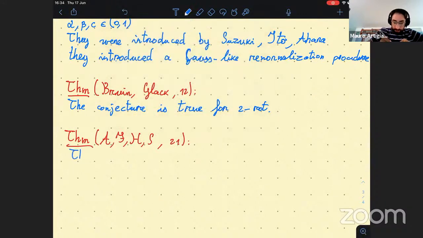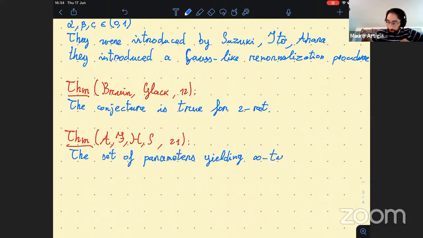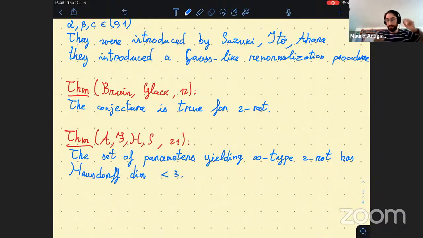So the set of parameters yielding infinite type double rotation has Hausdorff dimension lesser than 3, strictly less than 3.